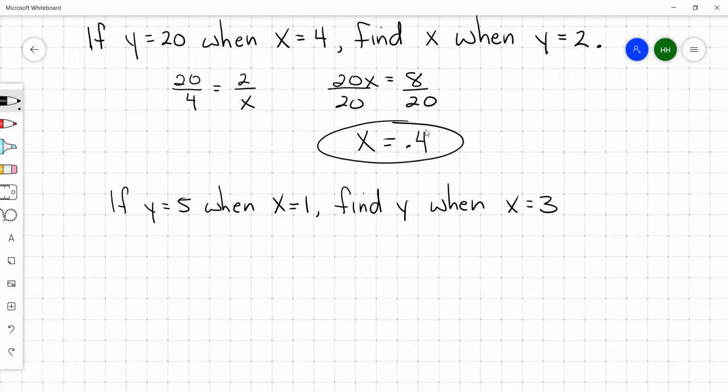Don't flip it, because you're still going to do y over x equals y over x. So 5 over 1 equals y over x, but now we don't know what the second y is. So you crisscross multiply. 1 times y is y. 5 times 3 is 15, and you're done. Still going to solve it the same way, crisscross multiply.